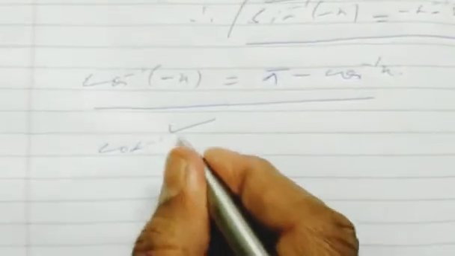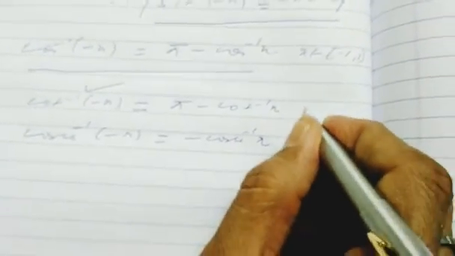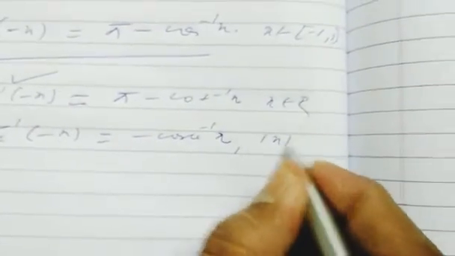In the same manner, cot inverse of minus x will be pi minus cot inverse of x, and cosec inverse of minus x is minus cosec inverse of x. For cos inverse, x belongs to minus 1 to 1, for cot inverse x belongs to R, and for this one mod x is greater than or equal to 1. So this is the way we go over the negative ones.